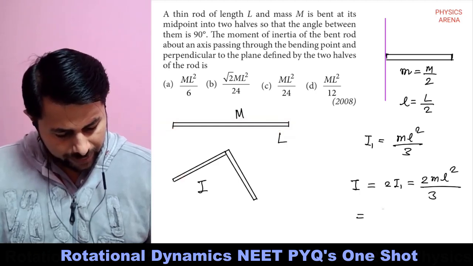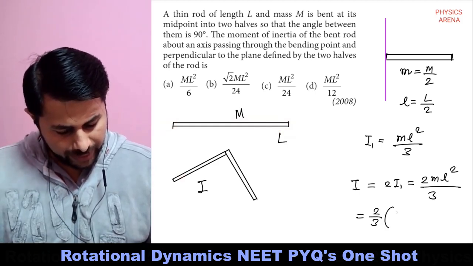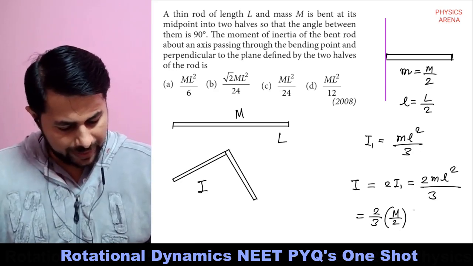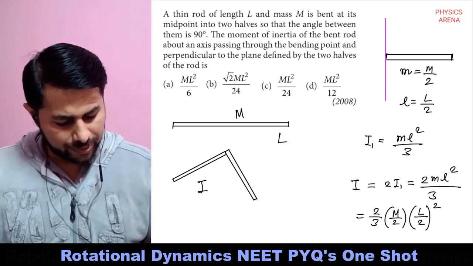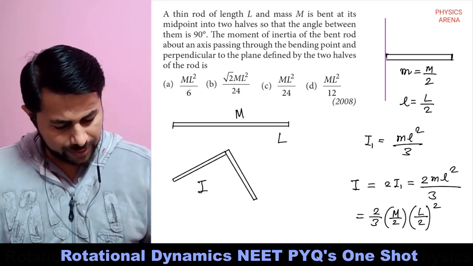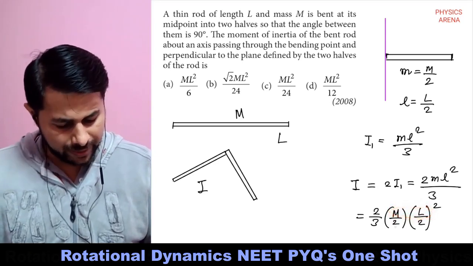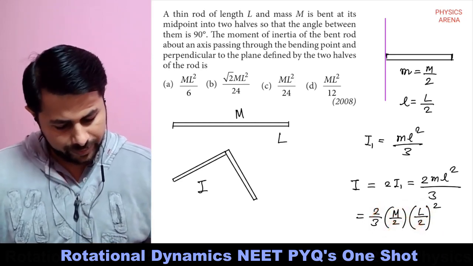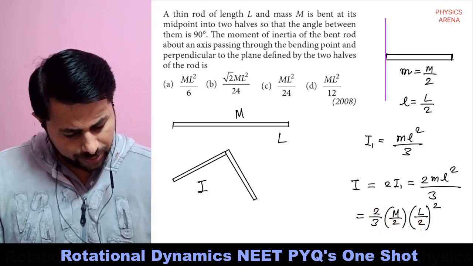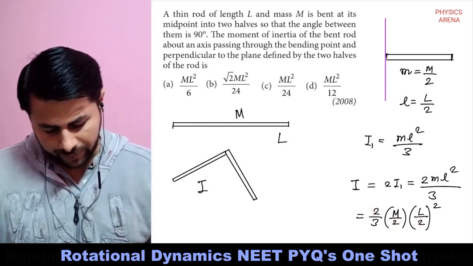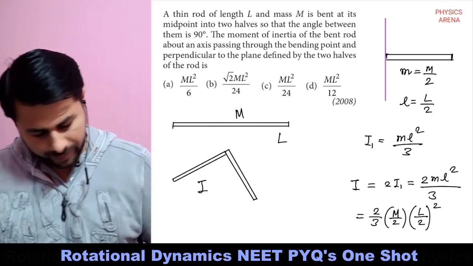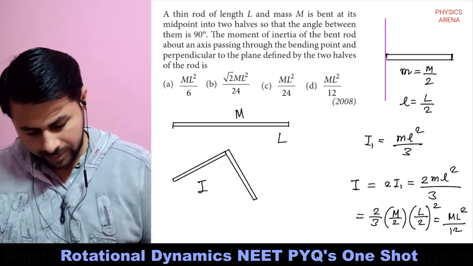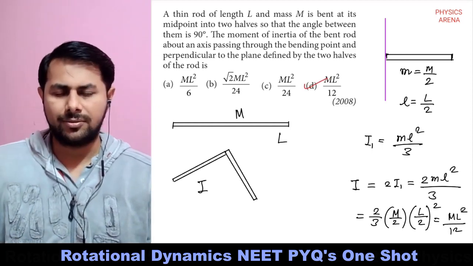So you have 2 by 3, M upon 2, multiplied by L upon 2 whole square. The 2 and 2 get cancelled, and 2 square is 4, so 4 threes are 12. ML square upon 12, if my calculation is correct. So this will be the answer, option D.